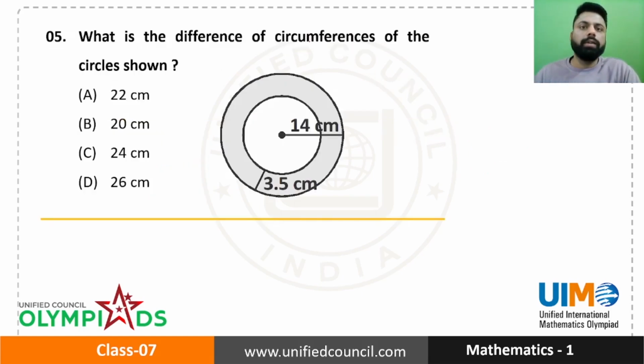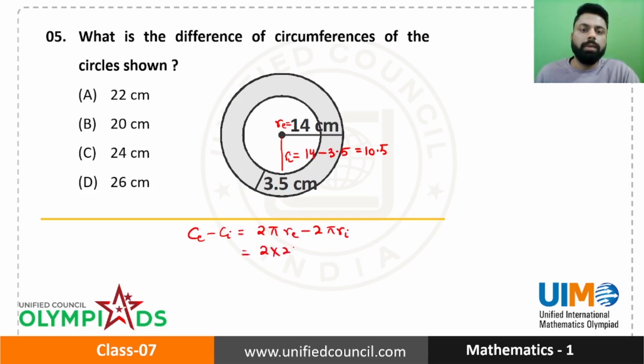Next one, what is the difference of the circumferences of the given circles? The outer radius, r external, is 14 and r internal will be equal to 14 minus 3.5, that is 10.5. So the difference is c external minus c internal, which is 2 pi r external minus 2 pi r internal.